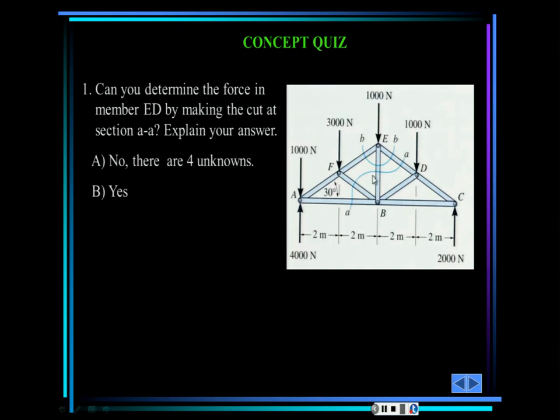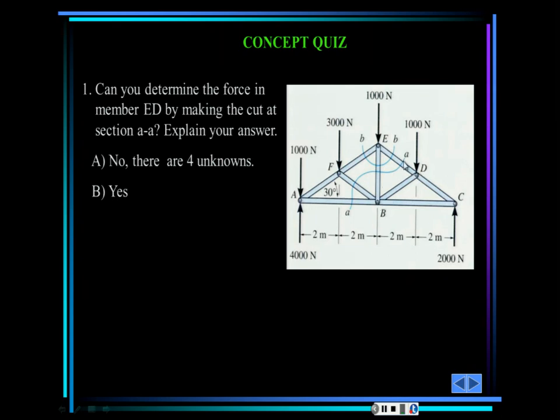Let's work with the right hand side. I have 1, 2, 3, and 4 unknowns. But if I do summation of moments at this point, these 3 unknowns don't produce any moment here, and the only force acting in that summation is ED, which allows me to calculate it immediately.